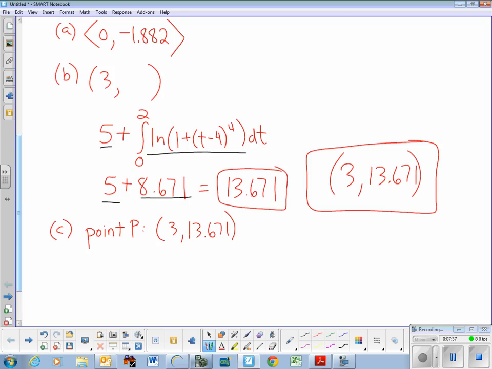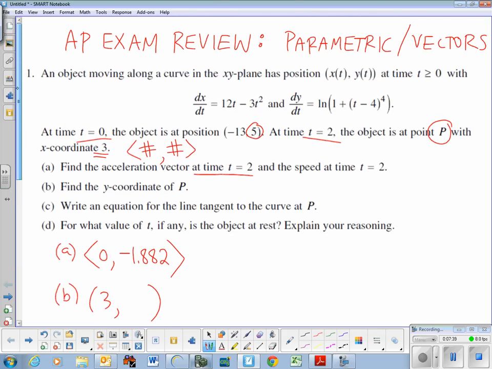Because this is parametric, the slope is given in 2 separate parts: dx/dt and dy/dt. If you want the actual slope of the line on a graph, that's change in y over change in x. The x coordinate is 3, and the important thing is that this is time t equals 2.